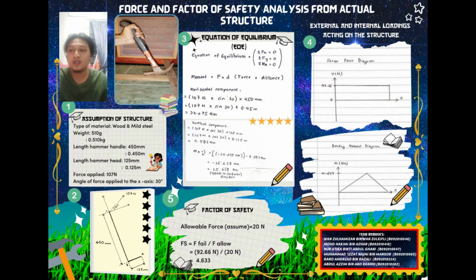So we get M1 is 41.697 Newton meter. And this is the shear force diagram, where V is 92.66 upward, and the bending moment diagram, where the value is 41.697. That's all.